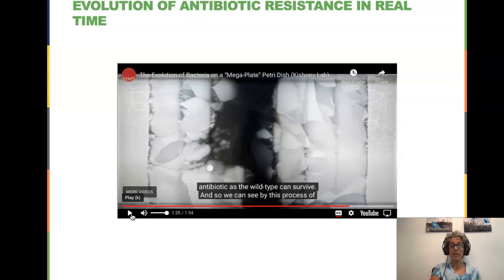11 days. In 11 days, we went from completely susceptible E. coli to E. coli that are rapidly multiplying and can withstand 1,000-fold the amount of antibiotic that these original cells could withstand.